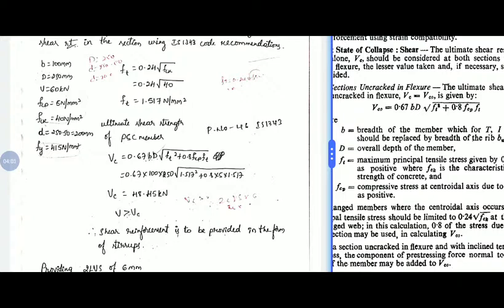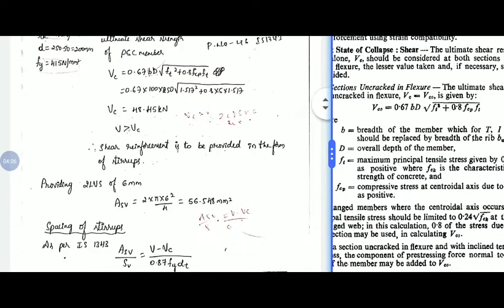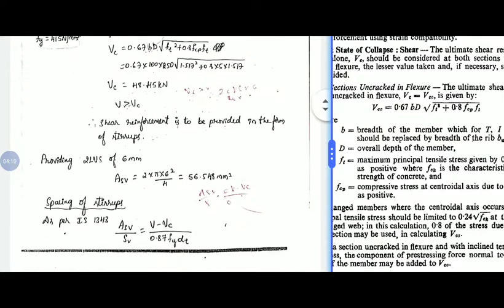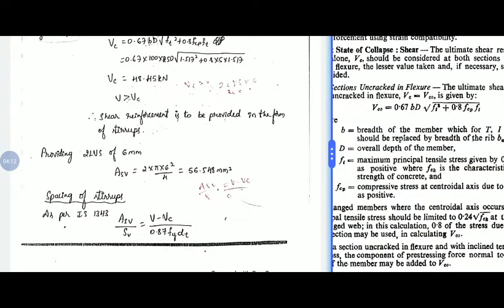So shear reinforcement is to be provided in the form of stirrups. Let us assume 2-legged vertical stirrups of 6 mm diameter. To calculate the area of steel, pi d square by 4, and since we have 2-legged vertical stirrups, we have multiplied it by 2.